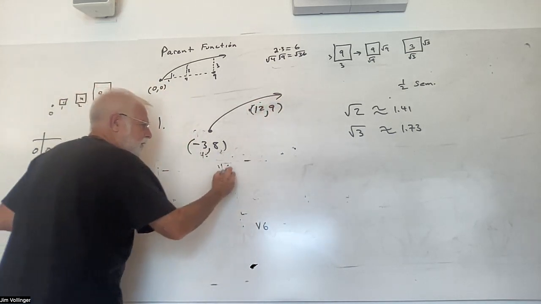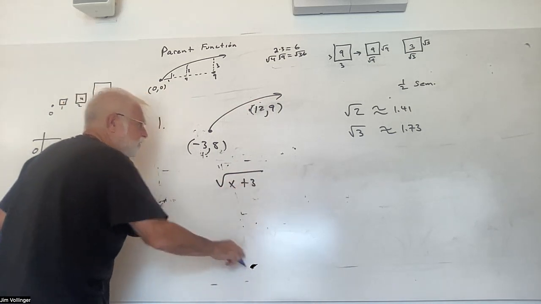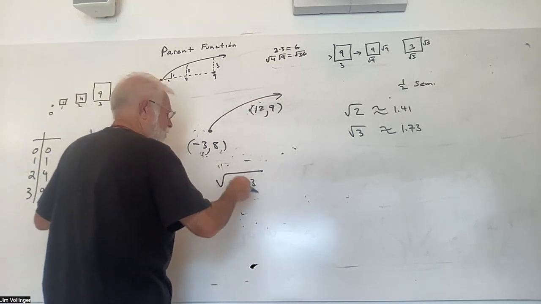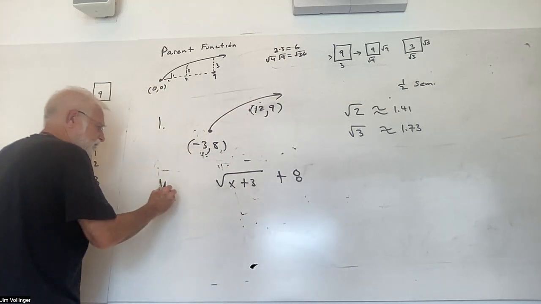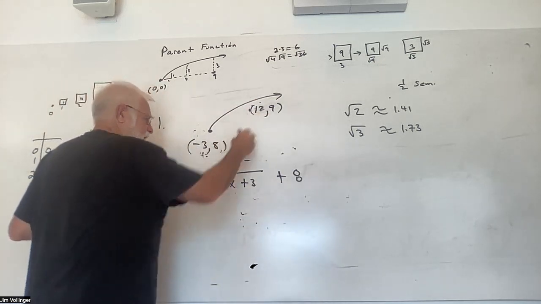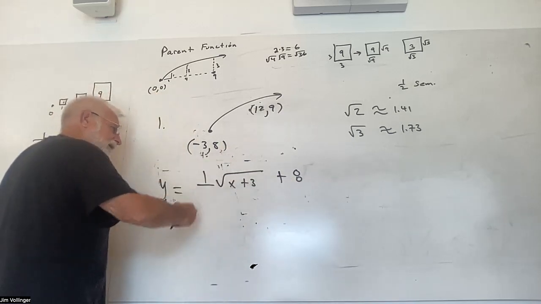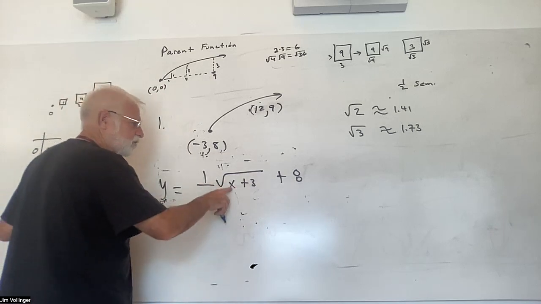So negative 3 means I say x plus 3 in order to get the square root of 0, which kicks this off. And I want to get an 8, so I add 8. Hopefully the numbers are starting to speak for themselves. How do I get from 8 to 9? I know I want to add 1 to 8. So whatever comes here, I got to cancel. Got to get it out of the problem. And what do I get if I put a 12 in?